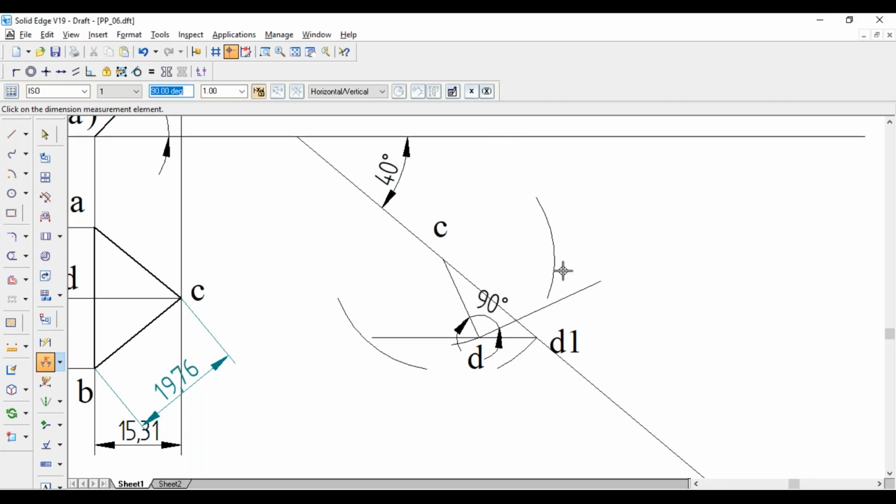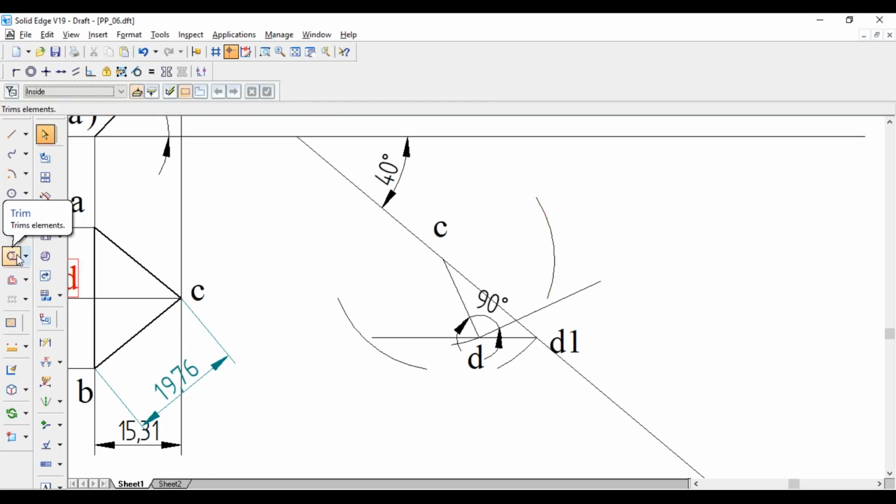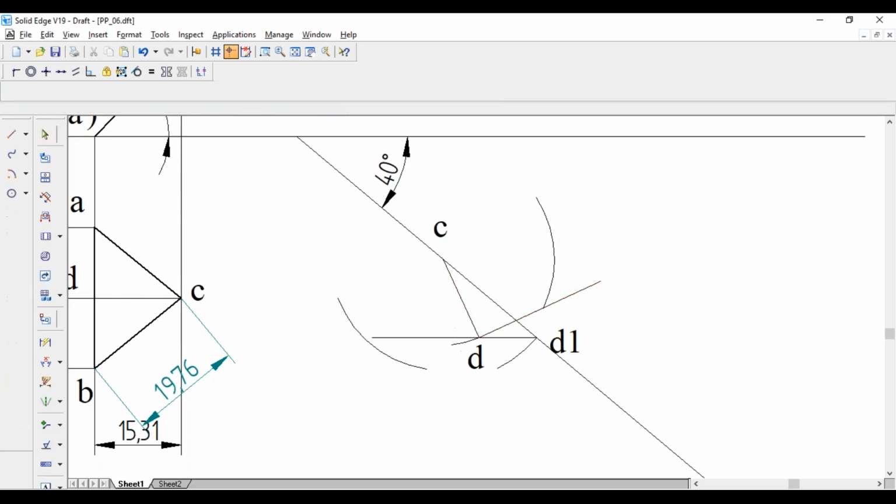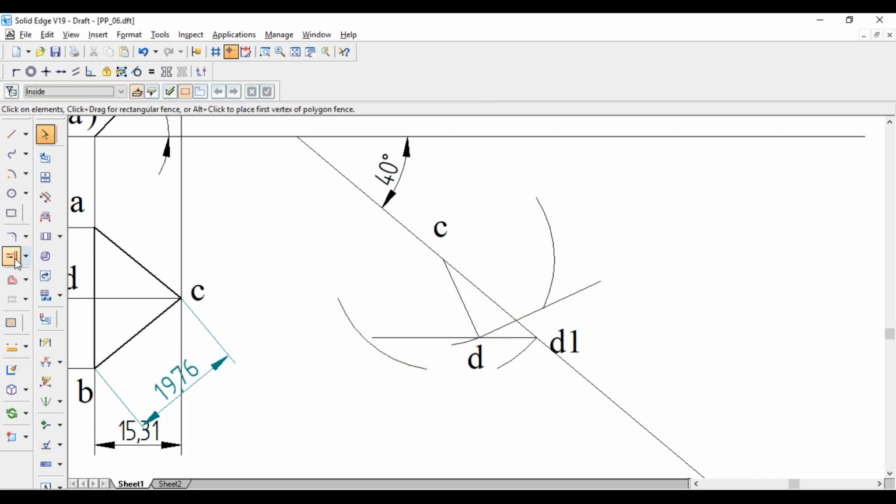Now wherever this line and this arc intersect, that will be one point. To get the next point, just extend this line till this arc. So you got 2 points. Remaining thing, you erase that.